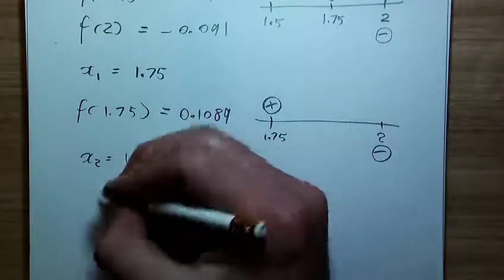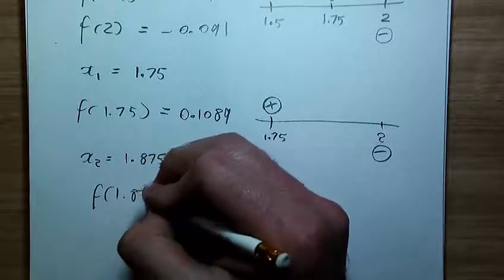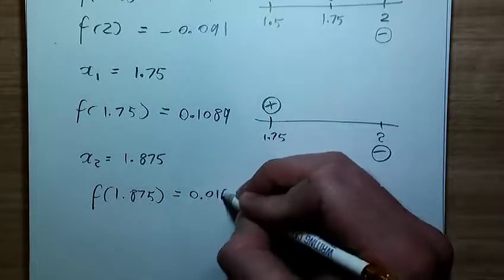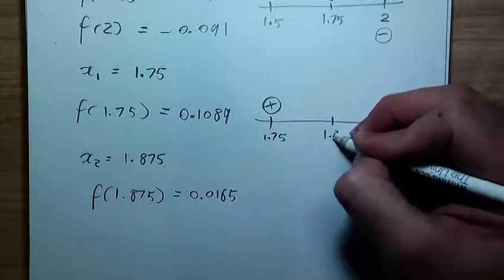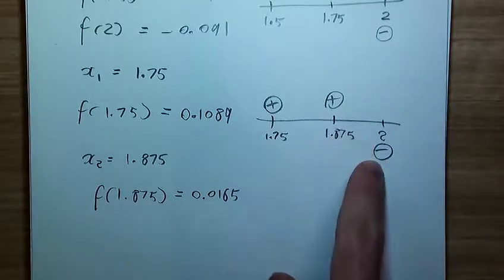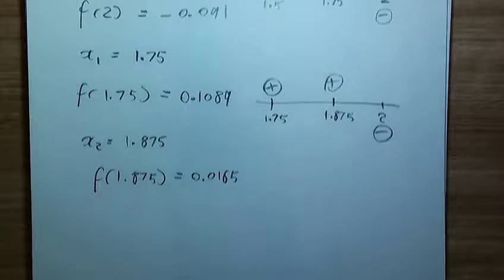And so f of 1.875 is what? 0.0165. Which is still positive. And so the 0 is in this zone, because that's where it crosses over.